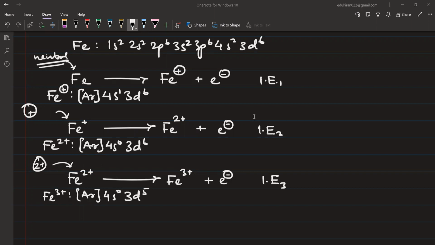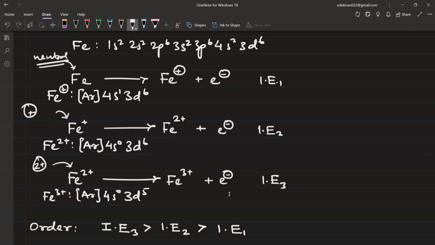That is why it will be difficult to remove the electron. If it is difficult to remove the electron, then I will require a larger amount of energy in the positively charged case. So this order will be ionization enthalpy 3 will have the highest value, followed by ionization enthalpy 2, and followed by ionization enthalpy 1.